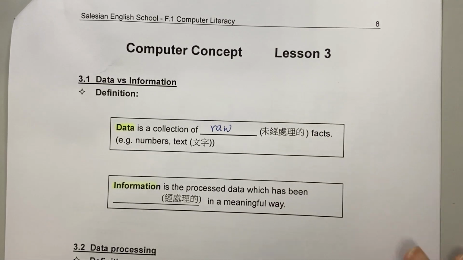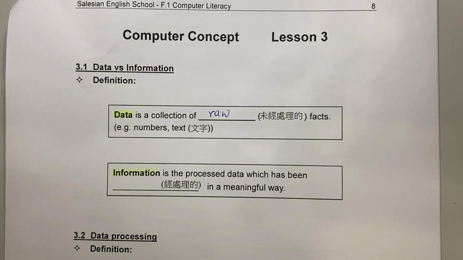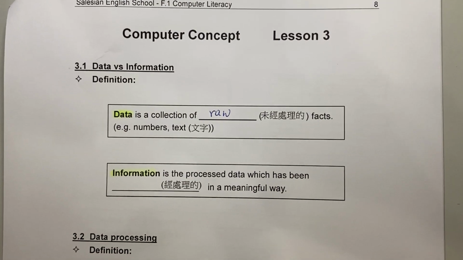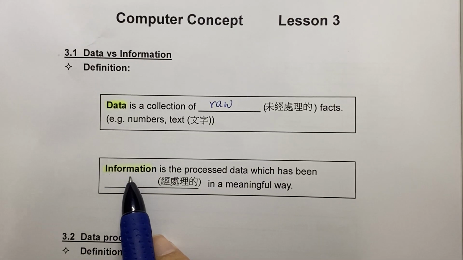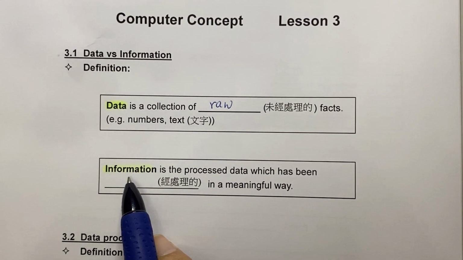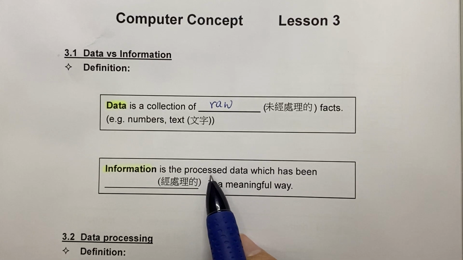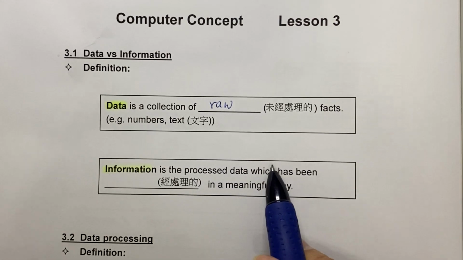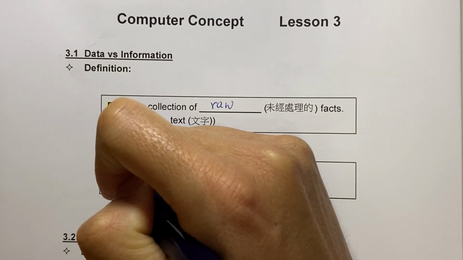It hasn't been processed. After the computer system has processed it, we will call that information. Give you such an example: if the data is being processed, we can say that it is organized.